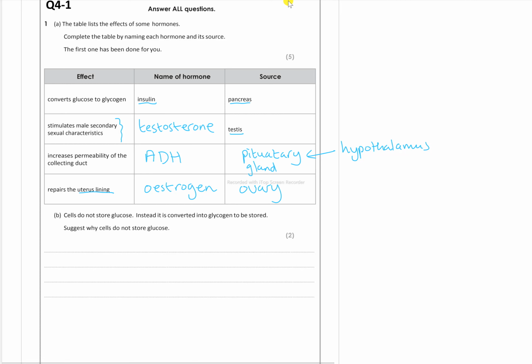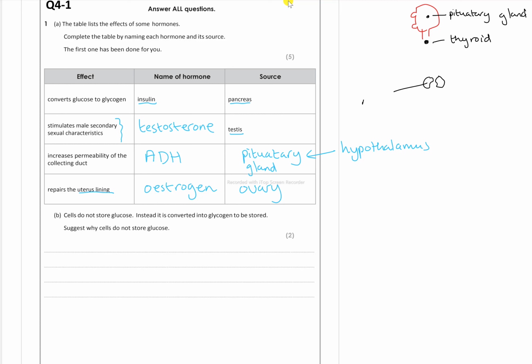So let me just quickly go through. That's a person's head. At the base of the brain, you've got the pituitary gland. Around the bottom end of the throat you've got the thyroid, and then you've got your two kidneys.